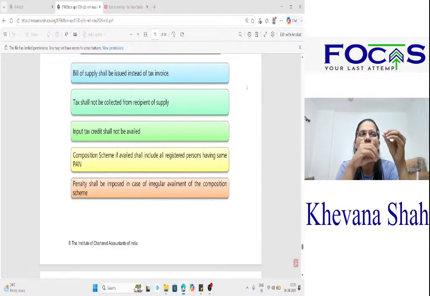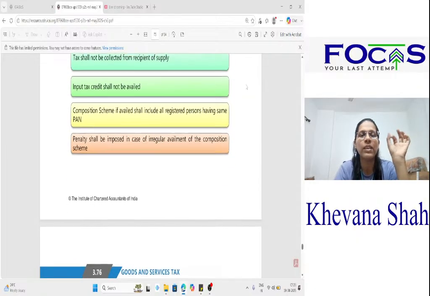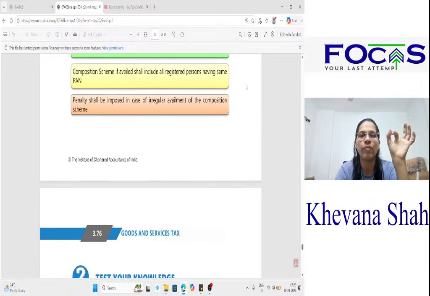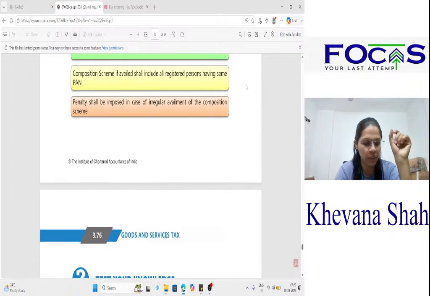So all the 5 can either be in the composition scheme or in the regular scheme. This can be voluntary, or if you are breaching any condition, or if you are ineligible for opting for composition levy for any reason. Then penalty shall be imposed in case of irregular availment of the composition scheme.